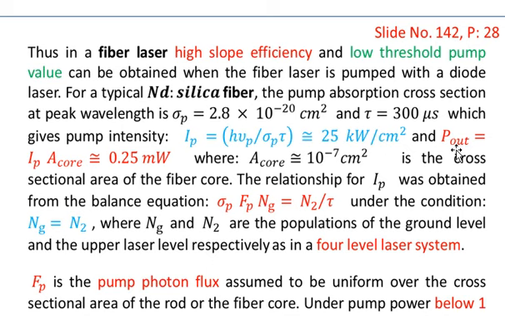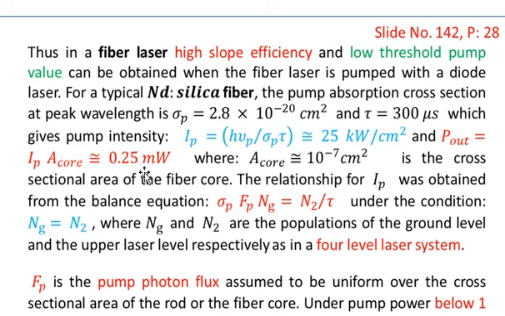And the output power which is launched into the fiber laser will be given by P out equal to Ip times A core, and this P out is the output optical power from the pumped diode laser which is being coupled with the fiber laser. So P out is equal to Ip, the intensity from the diode laser, multiplied by A core.